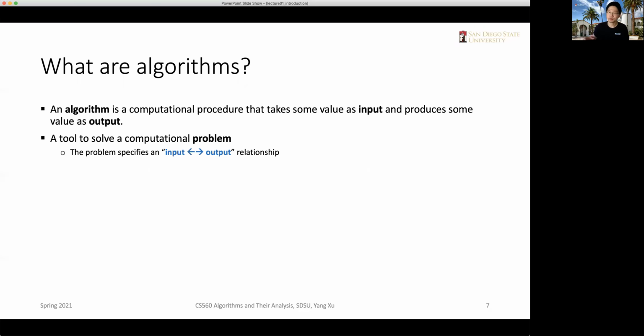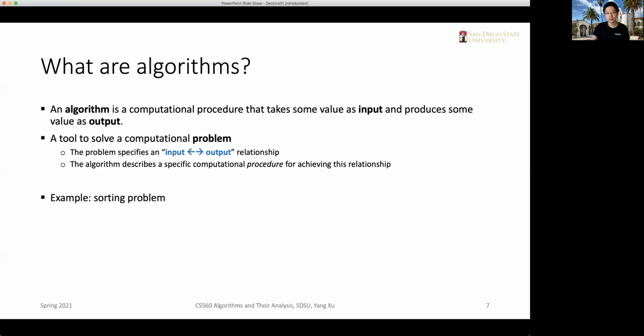The outputs will be fixed given an input sequence. Once the problem is defined by the input to output relationship, the algorithm simply describes a specific procedure, or a set of steps, needed to achieve this mapping relationship.